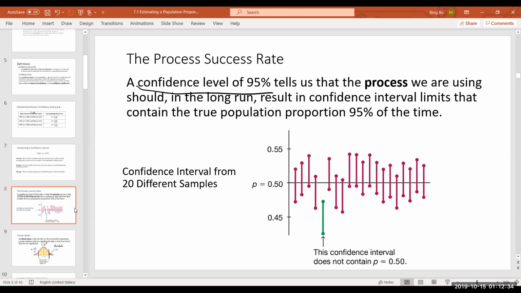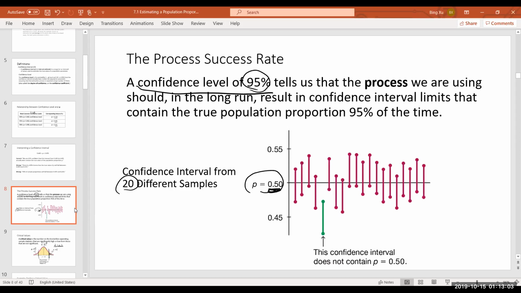Say your proportion is 0.5, the actual population proportion. And if your confidence level is 95%, that means out of 20 different samples, 19 of the samples will include the actual population proportion. So one of them may not include the population proportion. That's what confidence level means.